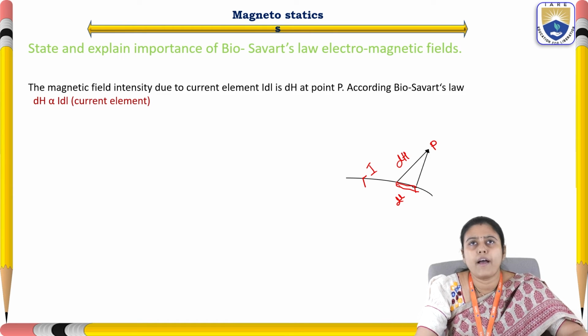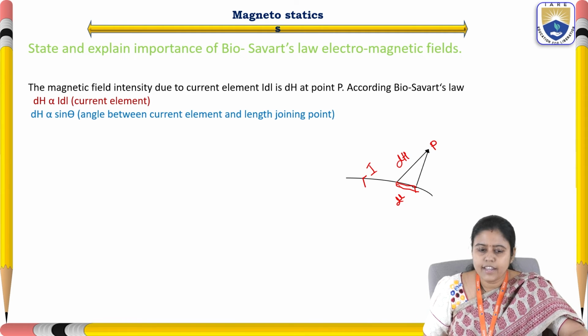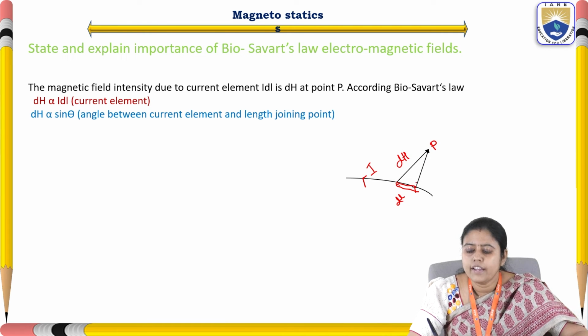According to Biot-Savart's law, dH is directly proportional to I into dl, and dH is also proportional to sine theta, the angle between the current element and the joining length here. This is the theta angle.